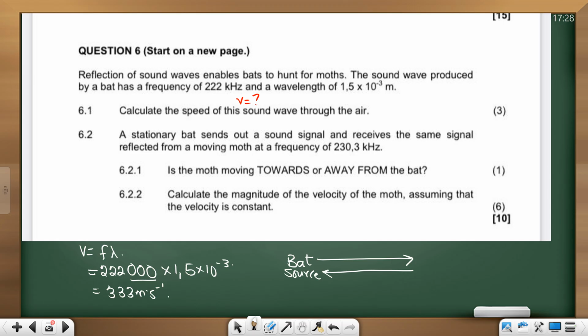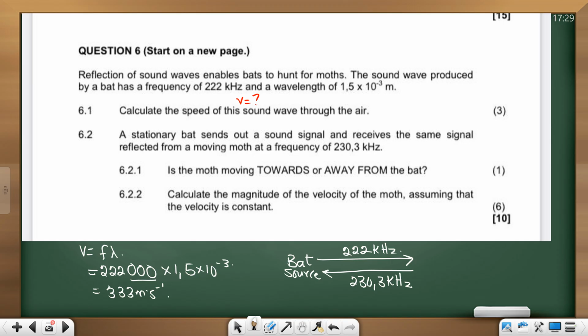It sends out at 222 and receives the same signal reflected from the moth at 230. What do you notice about the values? It receives a higher frequency. What does that tell you about the moth? Is the moth moving towards or away?